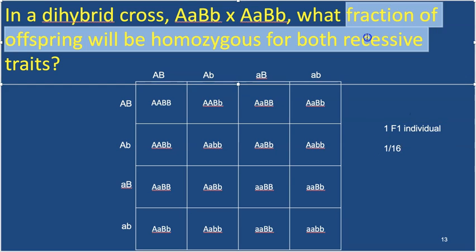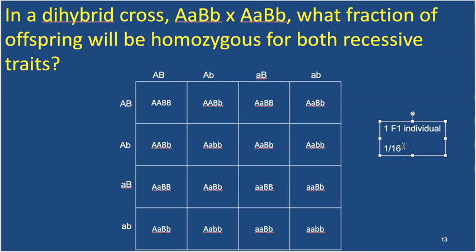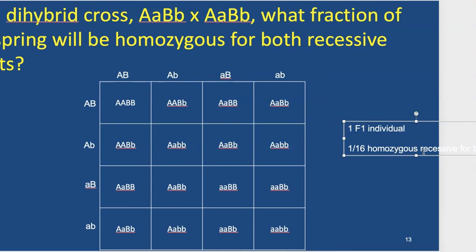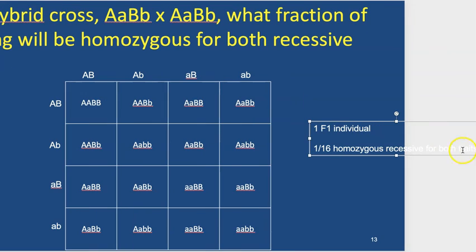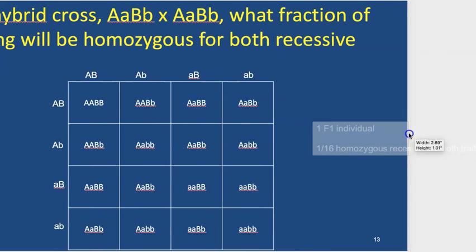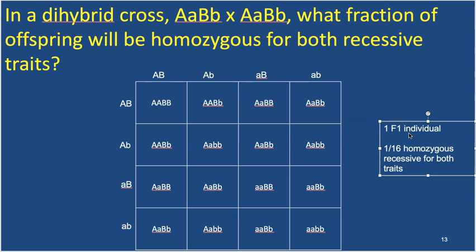And it does say what fraction of offspring. So there you go. 1 out of 16 are homozygous recessive for both traits. That would be the answer to a question like this. And hopefully that's helpful that I just walked through it for you.